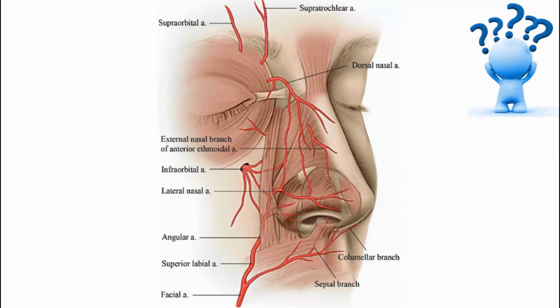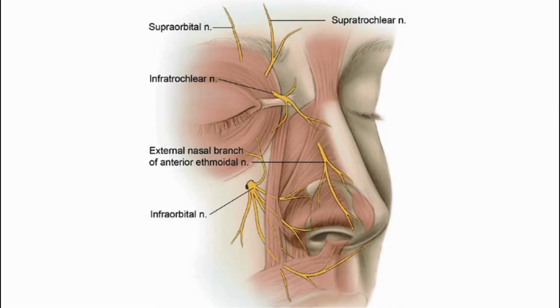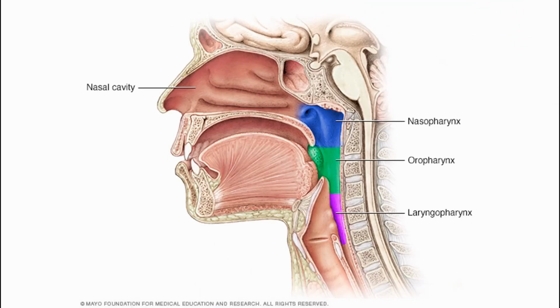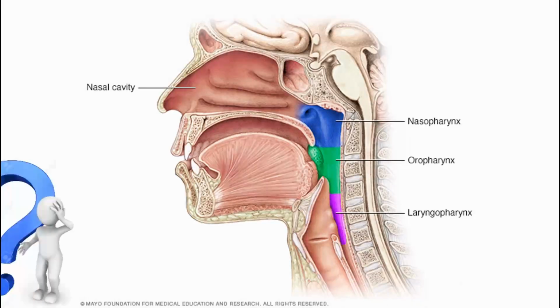These are rudimentary in the human, and they are not working and rarely present. This is the multiple sources of nerve supply to the nose. We have now collected good knowledge about the nose.